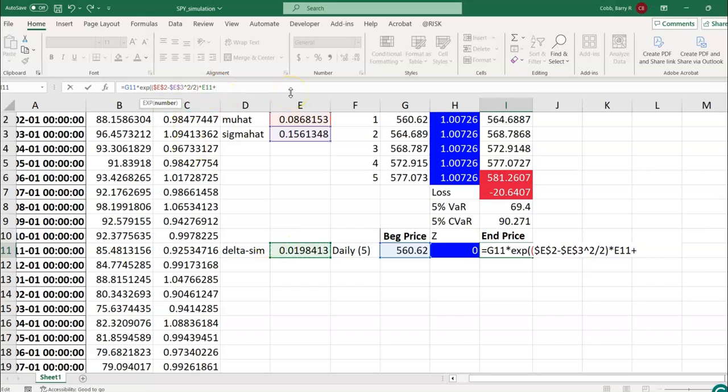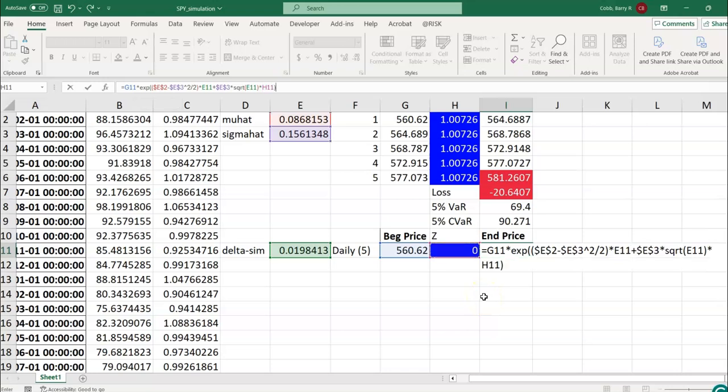Now what we add to that, and again I'm still inside the first set of parentheses for the exponential function, is sigma hat times the square root of the delta for the simulation. And then the last thing that makes this a random ending price is that we multiply it by the cell with the standard normal distribution.